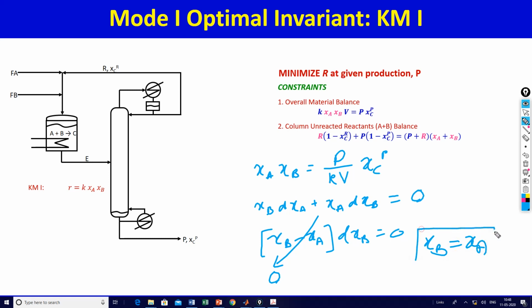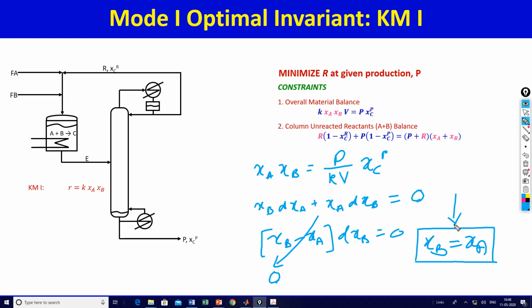You see, we minimize the recycle rate for this reaction kinetics by holding A and B in the same proportion in the reactor. That's the optimal operating policy for minimizing recycle rate, and the hope is that if the recycle rate is minimized, our reboiler duty must also be getting nearly minimized, if not strictly minimized.